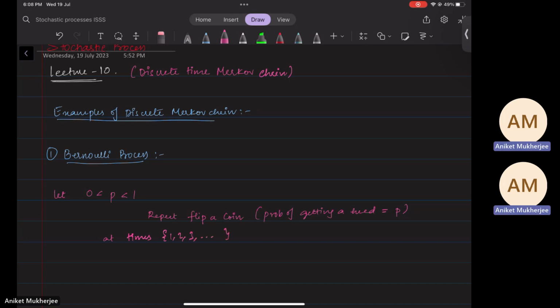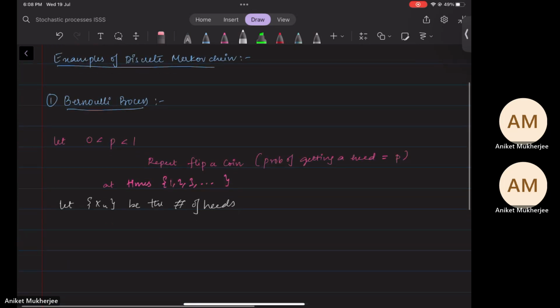Okay, so now I'm defining a random variable. Let Xn be the number of heads at time n. Right? So then the claim is that this stochastic process, the number of heads, is a Markov chain.